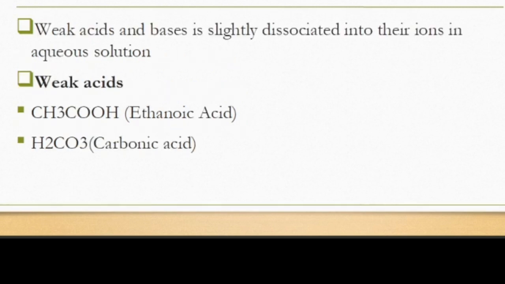Weak acids and bases are slightly dissociated into their ions in aqueous solution, while weak acids when they react with a base, their conjugate base is a strong base. So the condition of reversibility to form the native acid is more in this case.